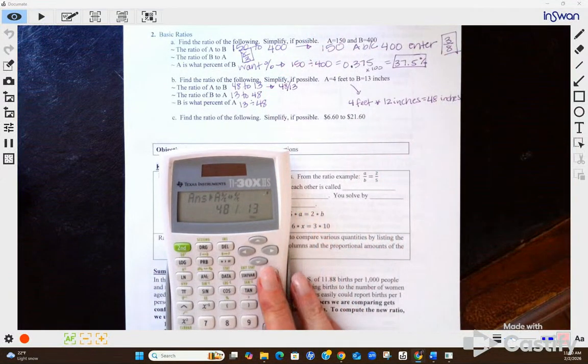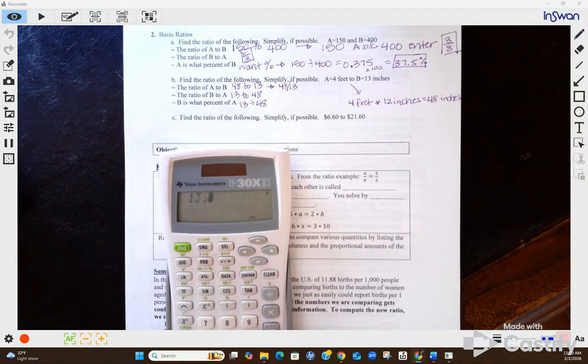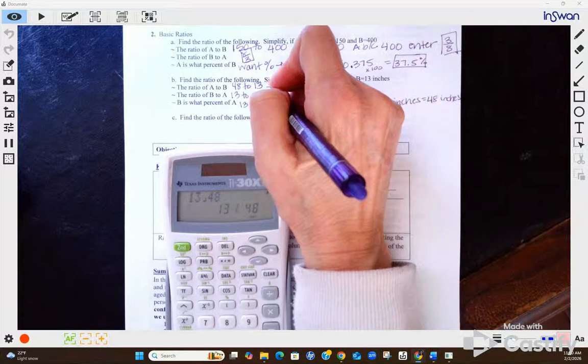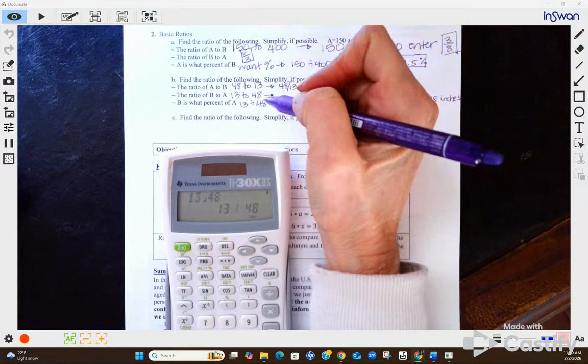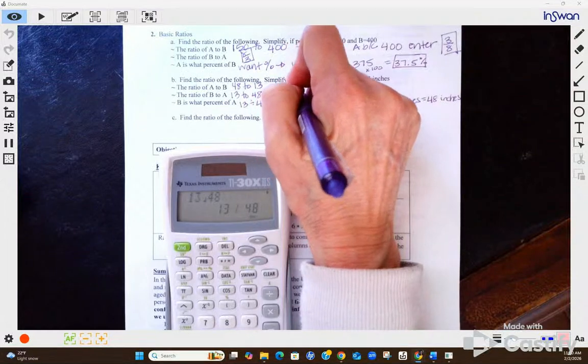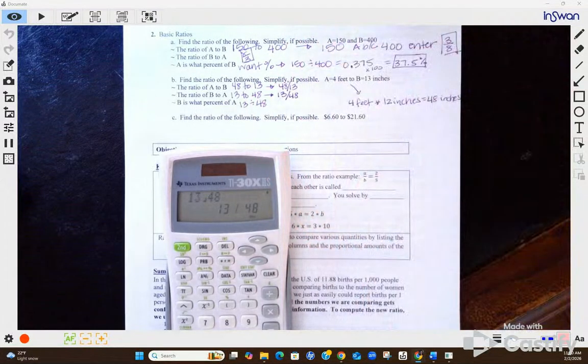All right, now if we go back to the 13/48, if we do 13 and the A b/c key 48, it's going to give us 13/48 because that fraction can't be reduced. So if you aren't sure, you can always start with the one where the number is smaller on the top, and the calculator will give you the answer, and then you can just flip it around when the order reverses.